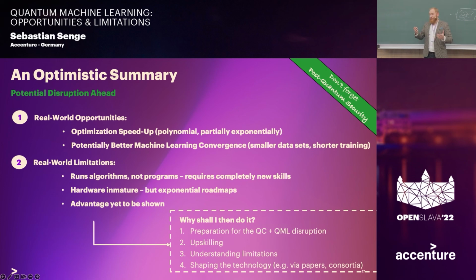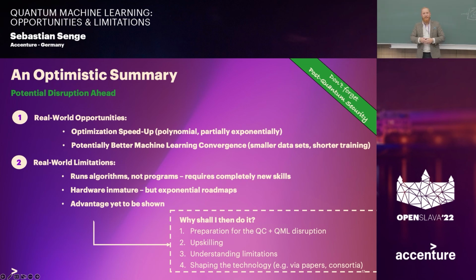Then we also need to discuss the limitations and challenges. The point here is that quantum computers run algorithms, not programs. We have discussed that already. The hardware definitely needs to mature. There are a lot of forecasts on that, and as I said, the roadmap, for example for IBM, is exponential. Next year we'll have approximately 250 qubits, and then 500,000 and so on.